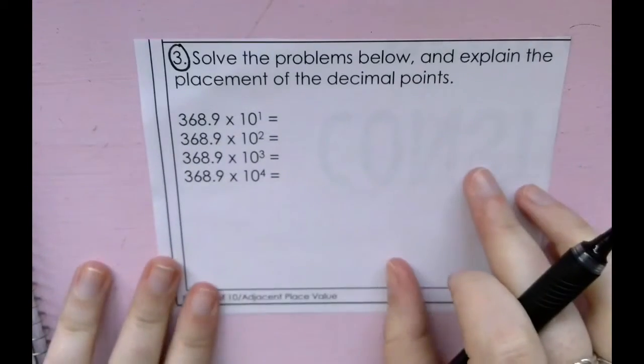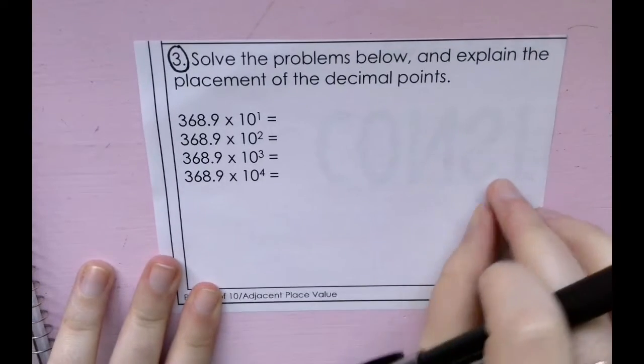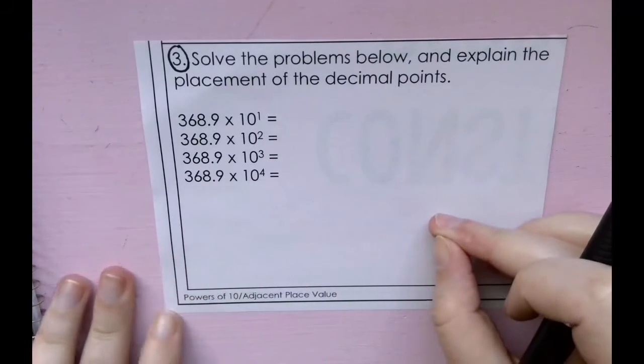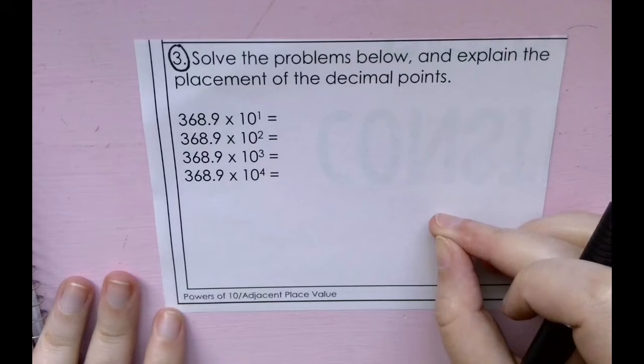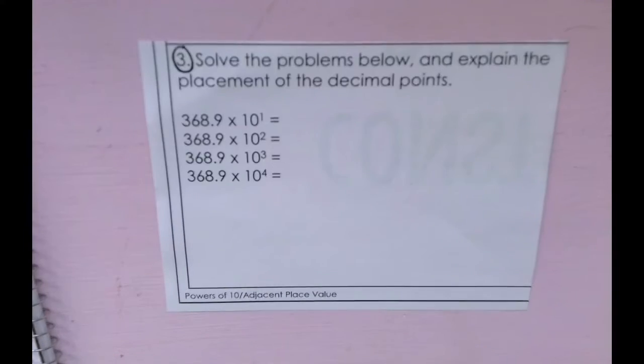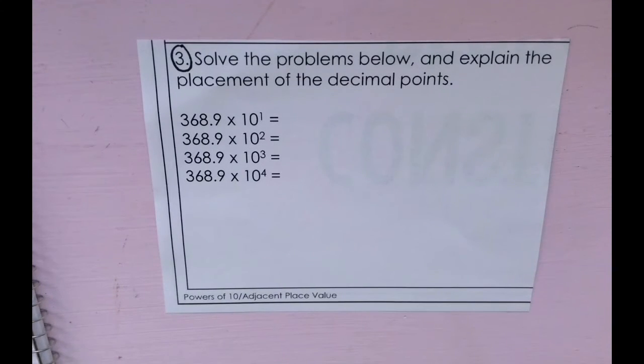Alright, the last problem I have for you today is just an exit problem here. So go ahead and solve those, and I will write the answers down in just one moment.